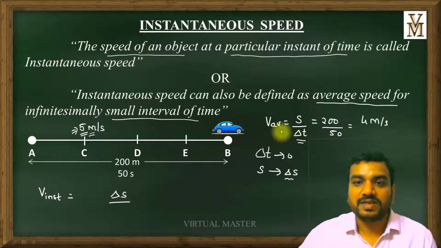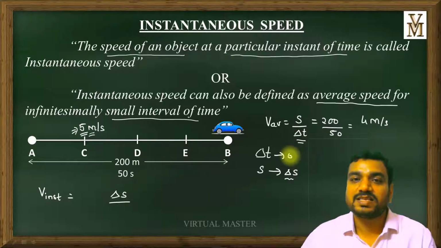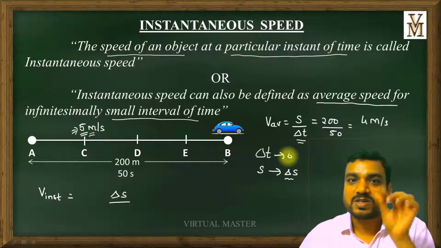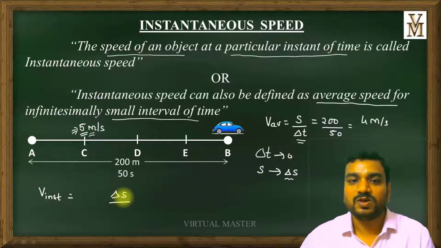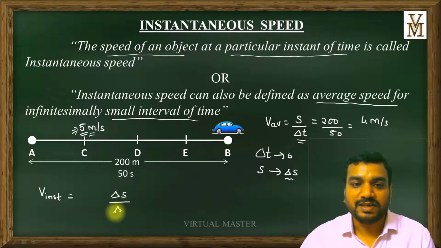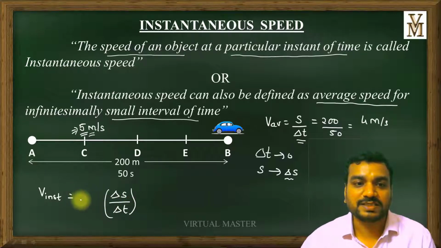We know that average speed is nothing but distance traveled by time taken. In this case, for a small interval of time, small distance will be traveled. So delta S divided by delta T, and we are going to apply the limits as delta T tends to 0.